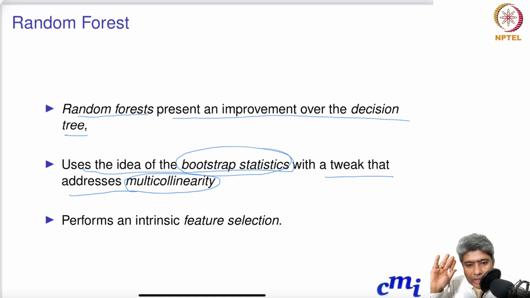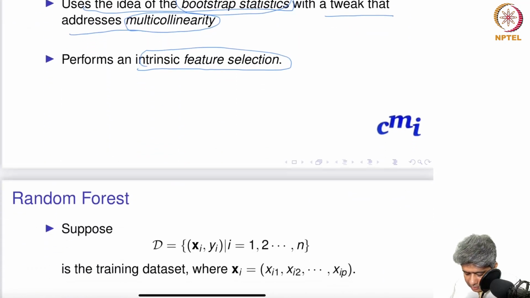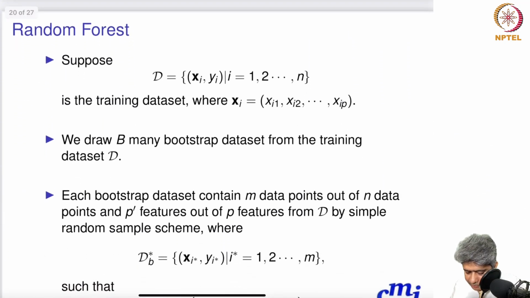Let us see what it is doing. First of all, the way the algorithm is structured, it automatically takes care of the multicollinearity issue. Also, it performs an intrinsic feature selection. Automatically it does a feature selection.